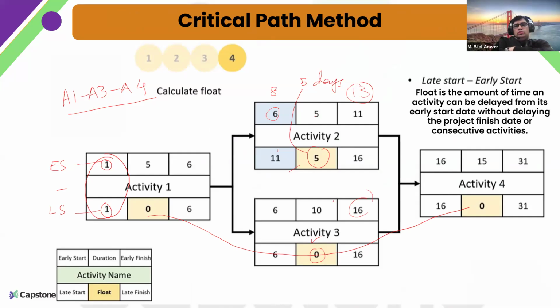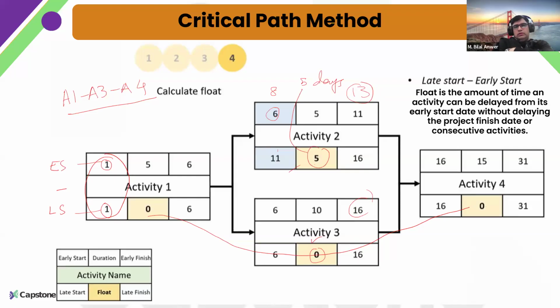So in any case, if the resource completes activity number 2, activity number 4 cannot be started without completing activity 3, right? Exactly. My question here is, can we say that for the activities which are having a float, we can utilize those resources after completing the activities in other initiatives?